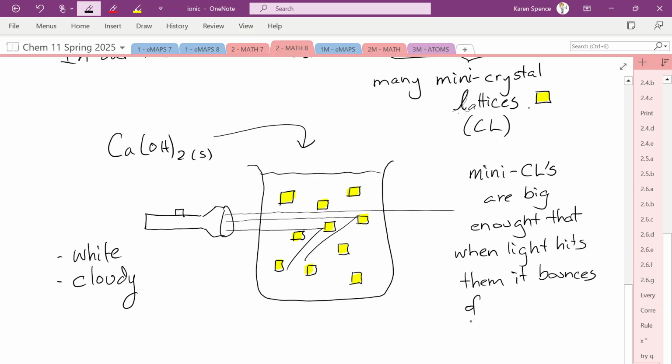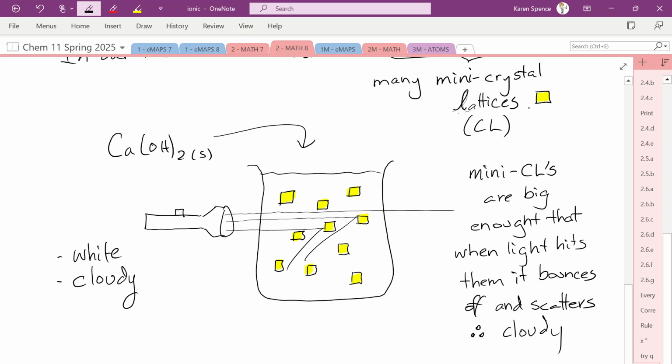Okay. And scatters. Therefore, it is cloudy. Is good? Okay.